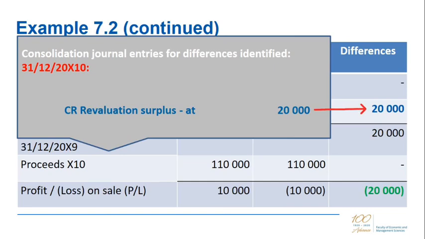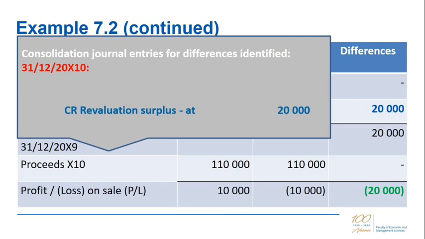If you do not write this credit revaluation surplus at acquisition, you do not have it available to eliminate through your at acquisition consolidation journal entry, and you will end up with incorrect goodwill or gain from bargain purchase at acquisition date.